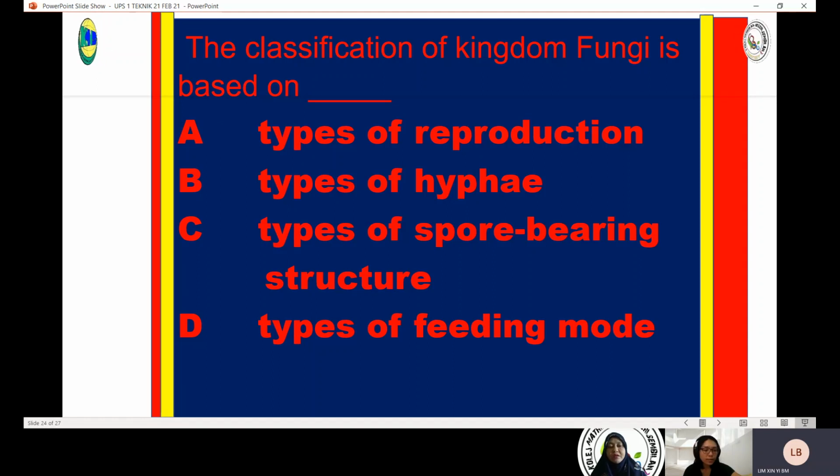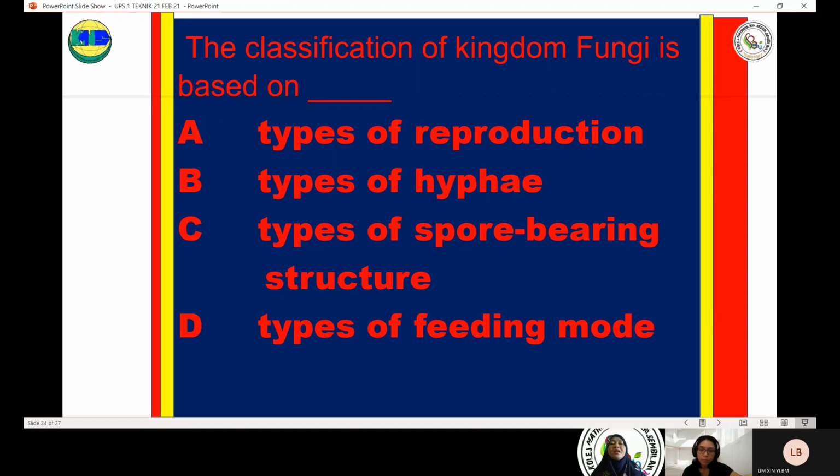Types of reproduction, asexual or sexual, can we classify kingdom fungi based on this? Fungi actually prefer asexual, right?